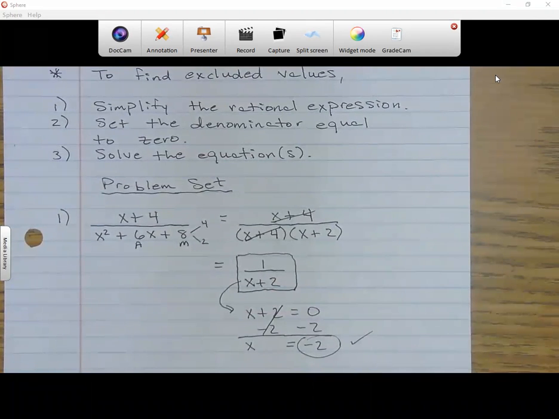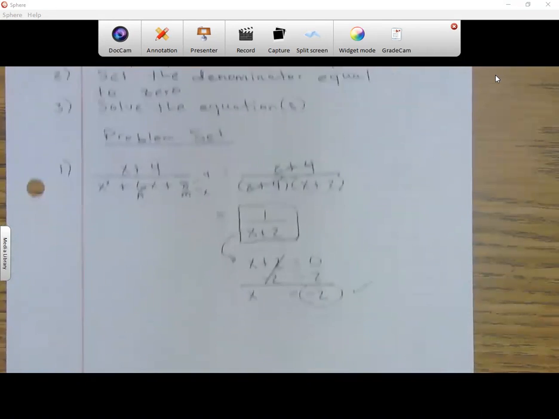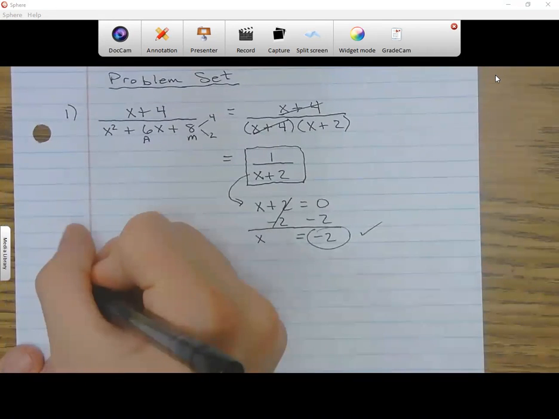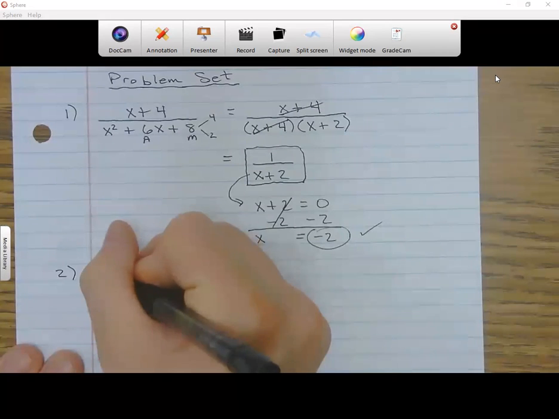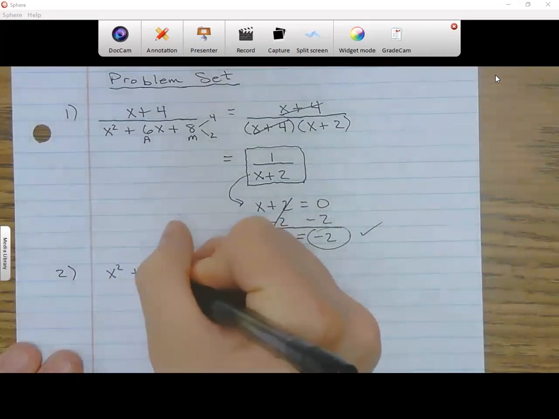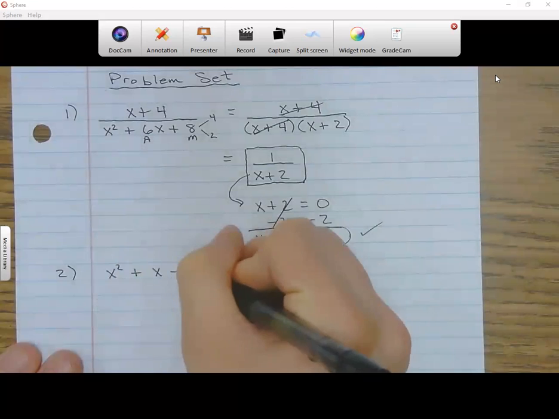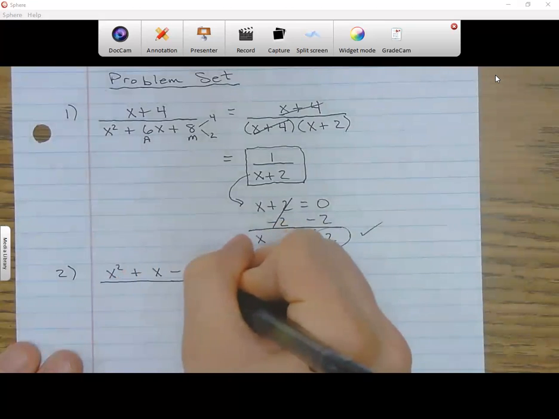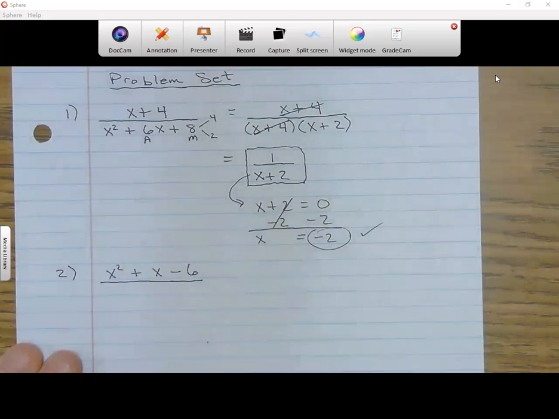Let's try number 2. On the top, I have x squared plus x minus 6.